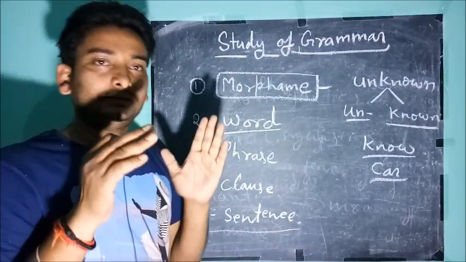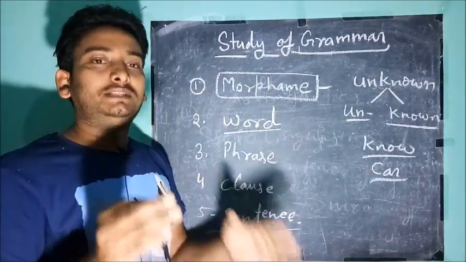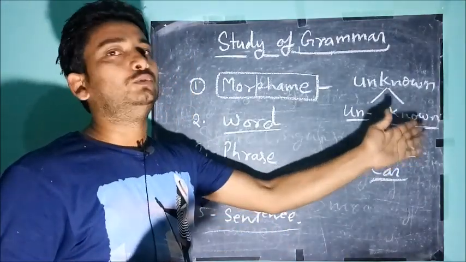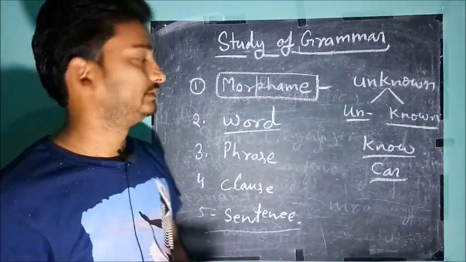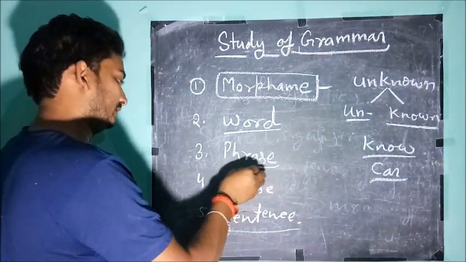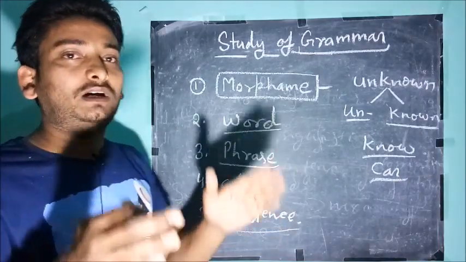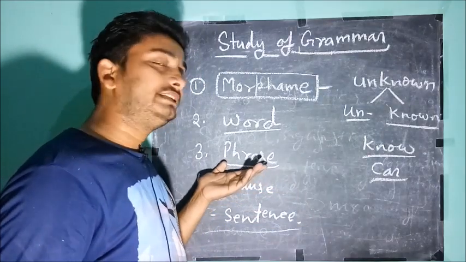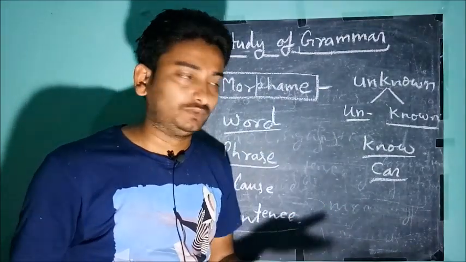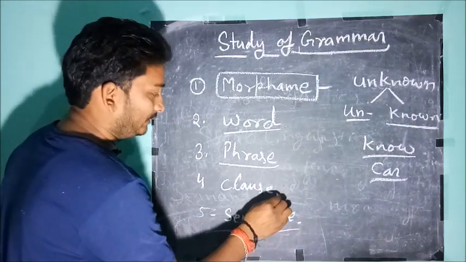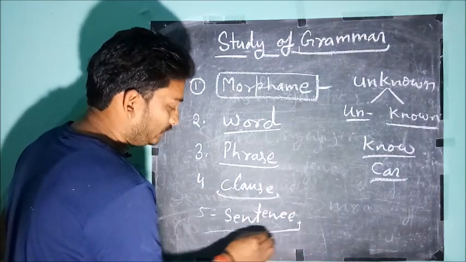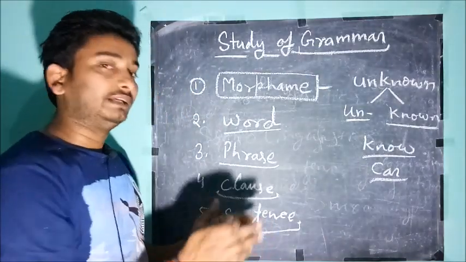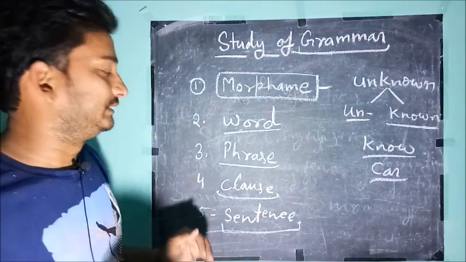A word is a group of letters that is meaningful, but it can be divided into pieces of morphemes. Next is phrase. A phrase is a group of words which produce a meaning, but it does not have a subject and predicate. Whereas clause and sentence are also groups of words, but both have their subject and predicate.